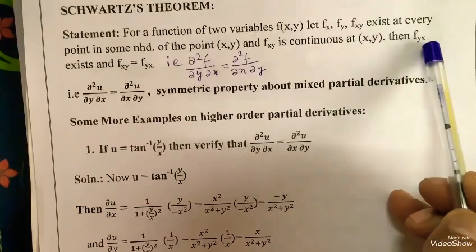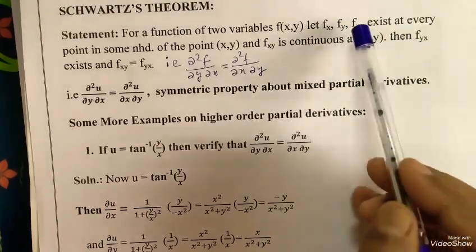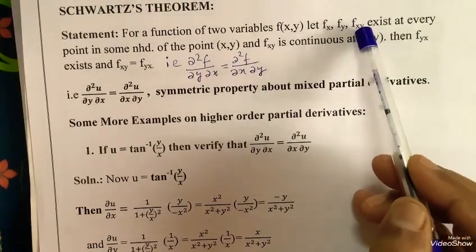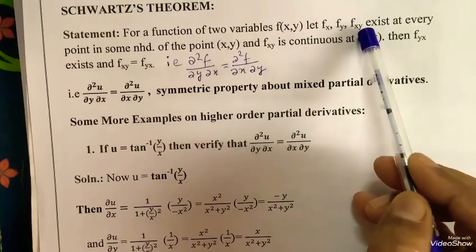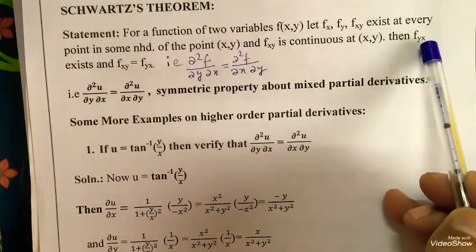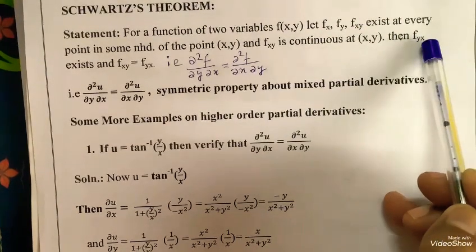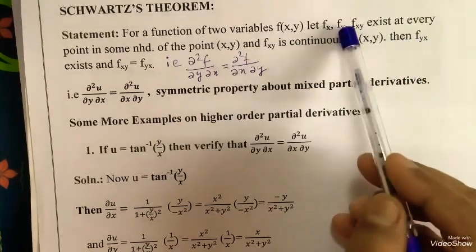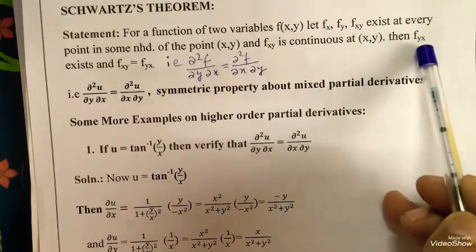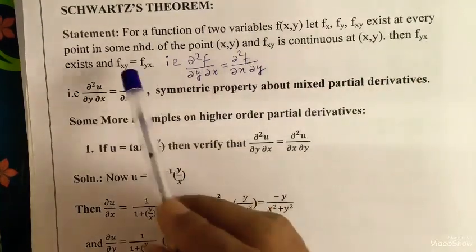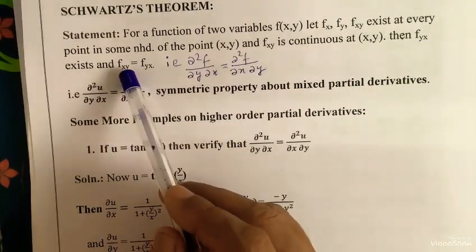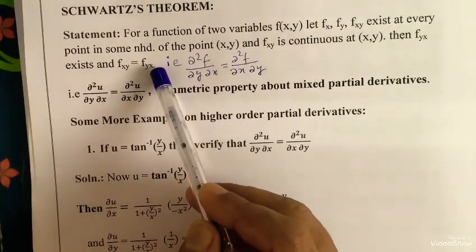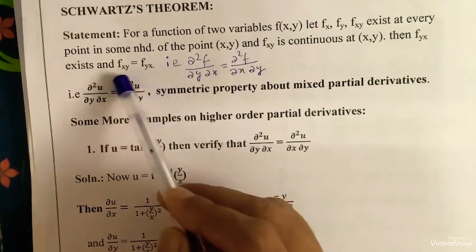Then fyx also exists here. fxy is the differentiation of fx with respect to y. fyx is the differentiation of fy with respect to x. If these conditions are satisfied, then fyx also exists, and f of xy equals f of yx. You do not have the proof, just the statement.